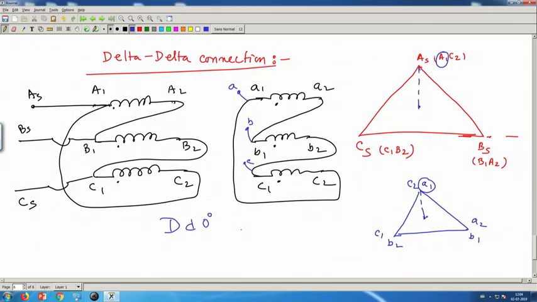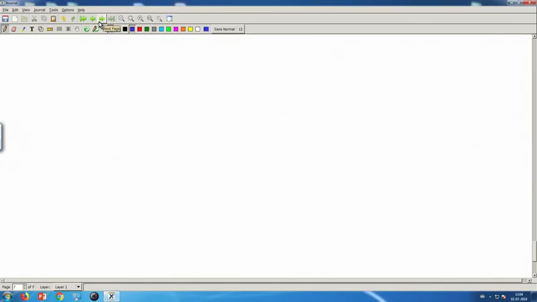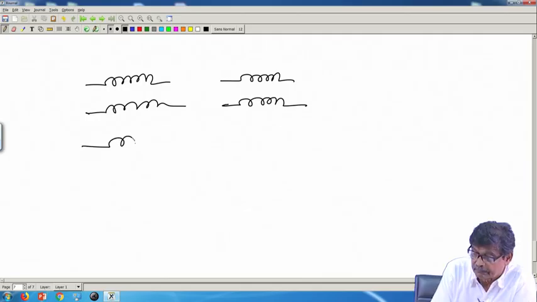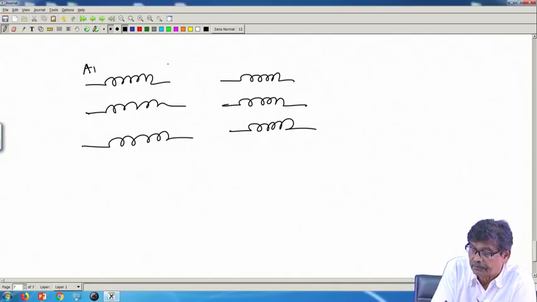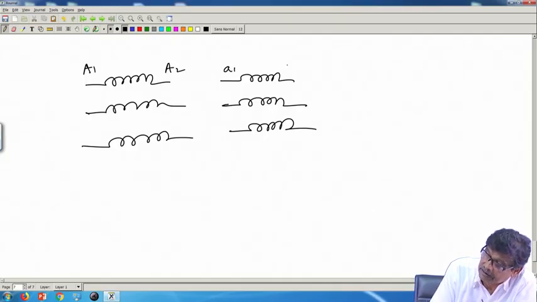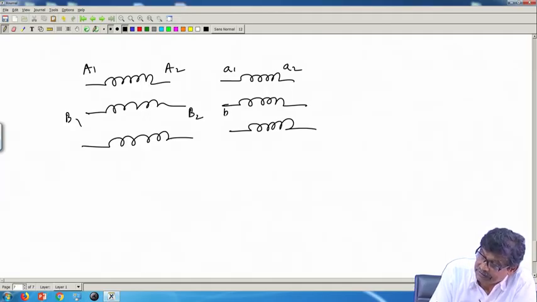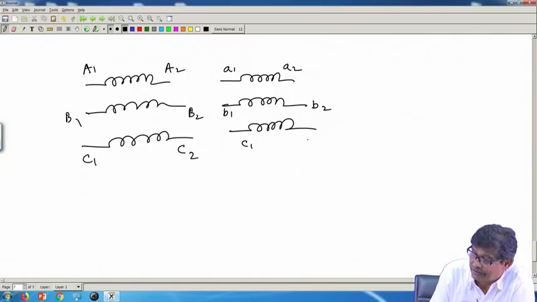Now, the same primary connection, say this is A1, A2, this is small A1, A2. I mean same thing I am drawing, you also draw, so that you get used to it, I mean small C1, C2, okay.